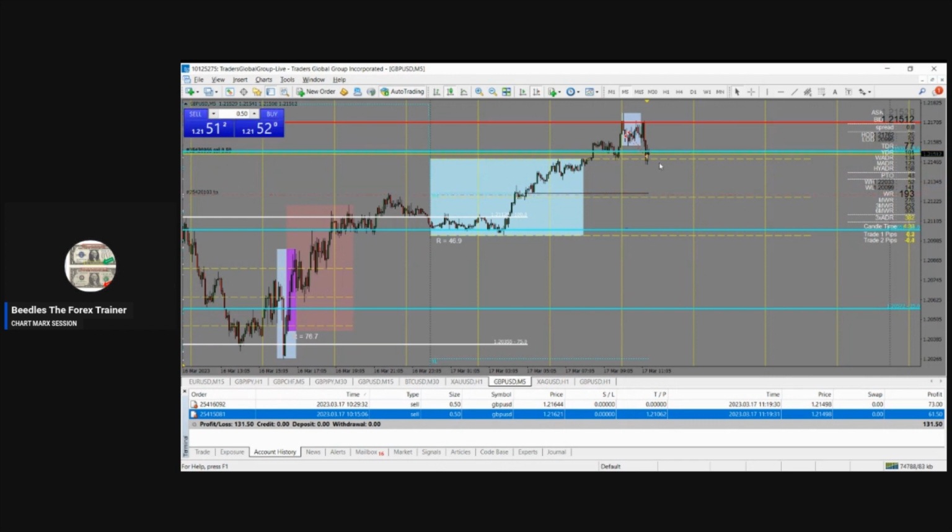Here's our next structure, right? The 50 is the next target, and we should be really clean going into this next target.